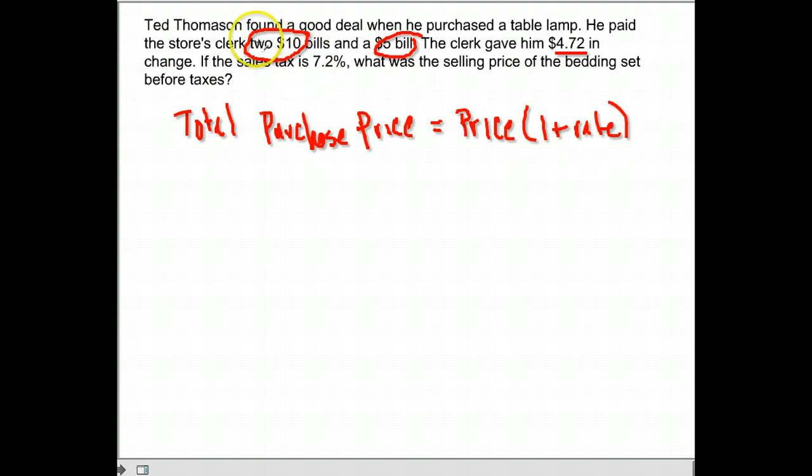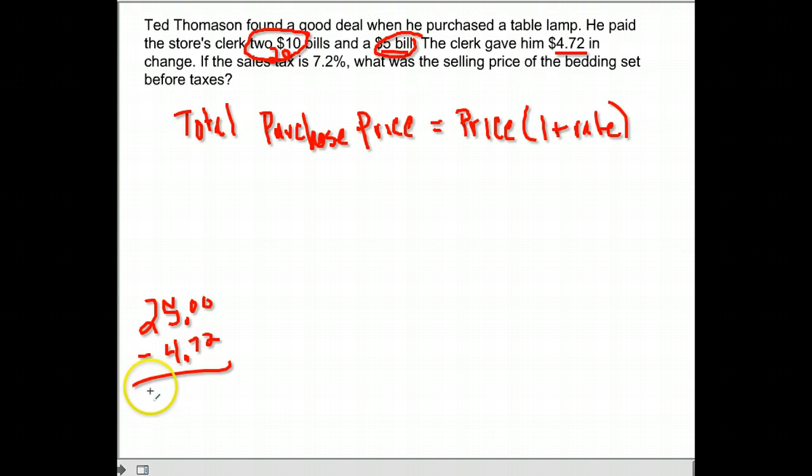Very good. So if you had two $10 bills, 2 times 10, that's $20 and a $5 bill. So he paid the store clerk $25 and got $4.72 in change. So that's exactly right. We need to take $25 minus $4.72 to find out how much he actually paid.